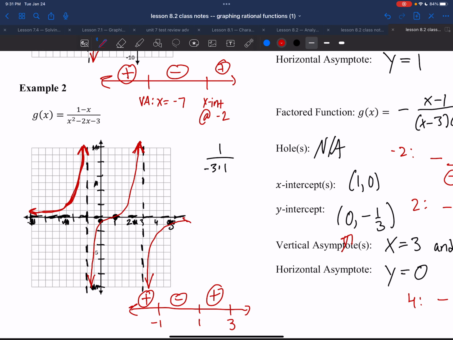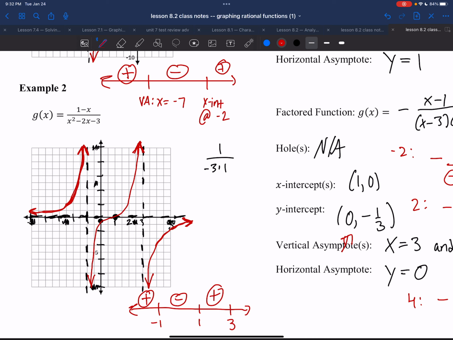And then we'll approach this asymptote. Okay? And again, if you want a nice accurate graph, plug in 4 and actually calculate it. You might get a nice point somewhere along this line, and then your graph would be a little bit more accurate than what I have drawn, but that's okay. You've got the general shape of the graph.